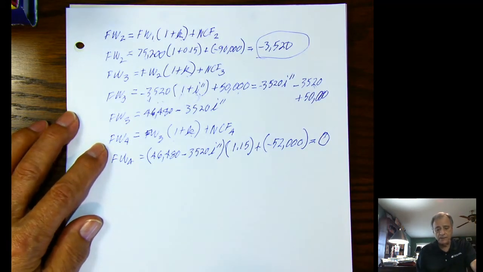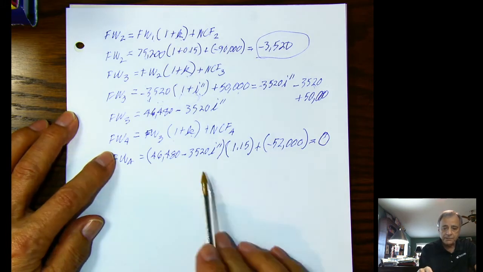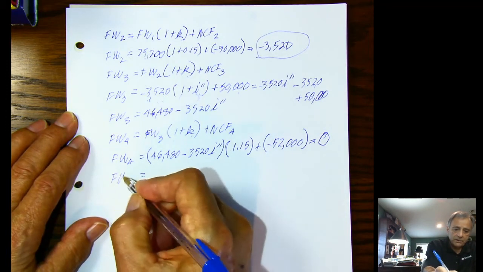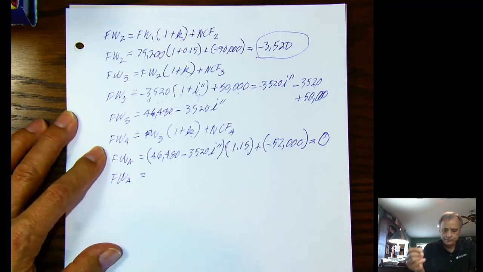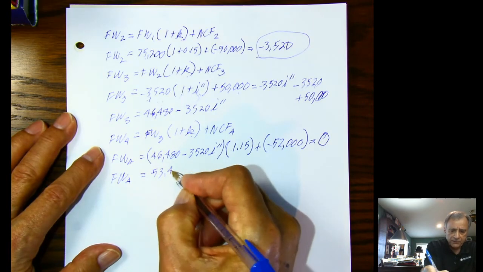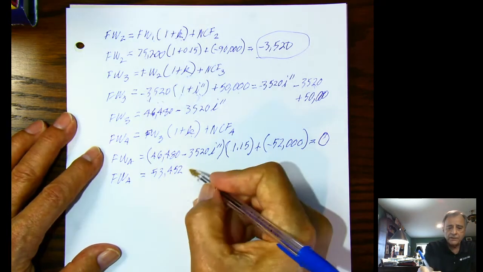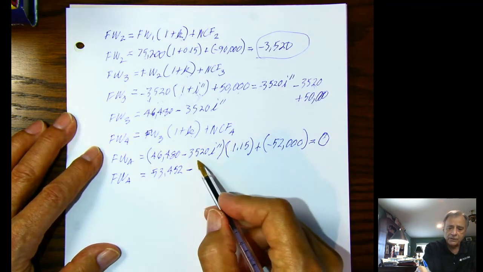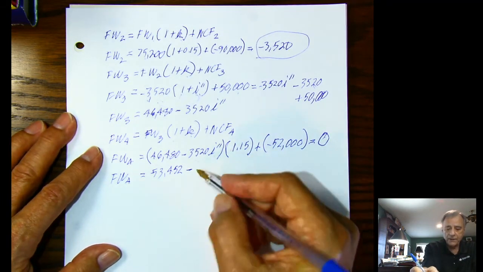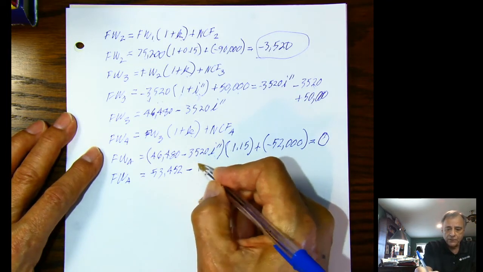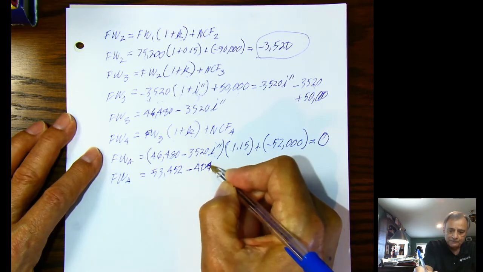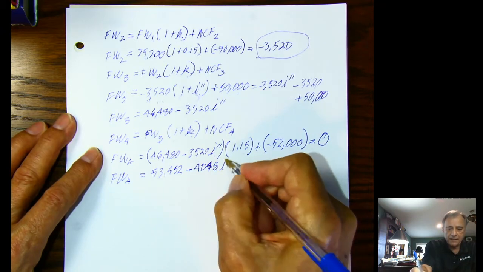and solve that equation. Well, it turns out that this product of 46,000 times 1.15 is 53,452, and this product of minus 3,520 i double prime times 1.15 is minus 4,048 times i double prime.